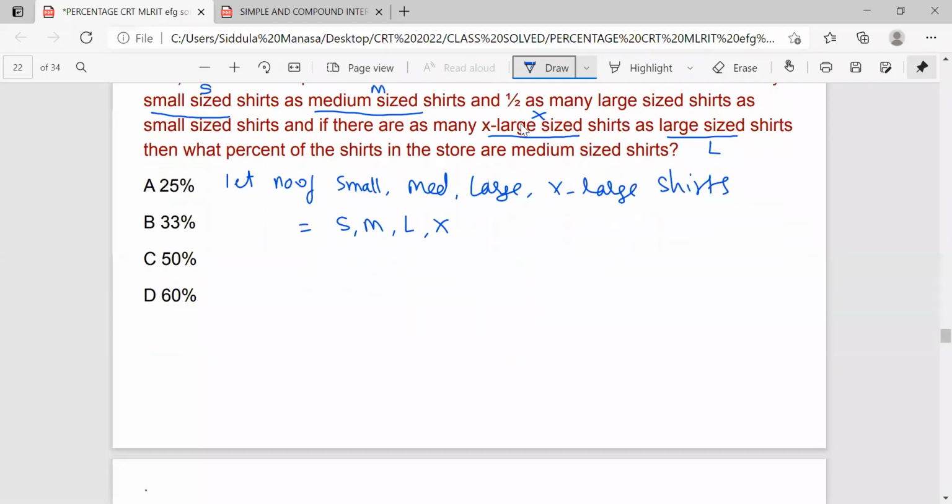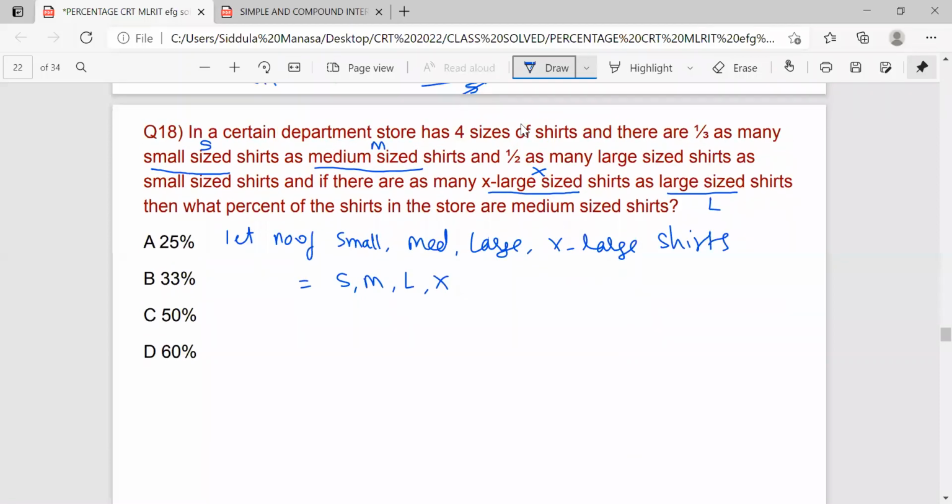Now the number of small sized shirts depends upon medium sized shirts. See, there are 1/3 as many small sized shirts as medium sized shirts. So the translation form of equation 1 will be: number of small sized shirts is 1/3 of medium sized shirts.